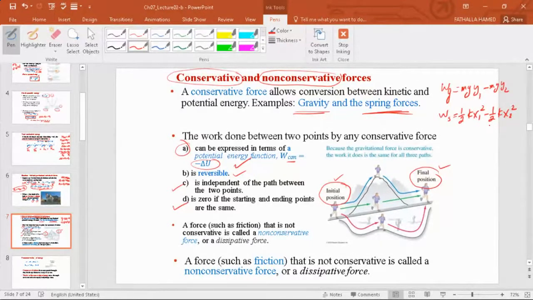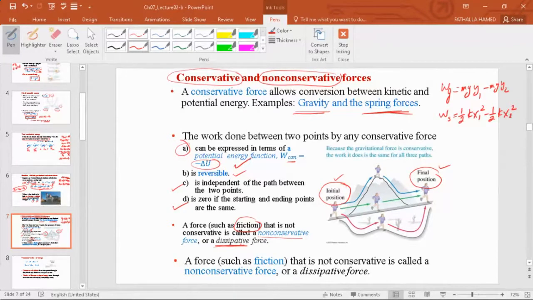Now, a force such as friction is basically a non-conservative force, because friction makes you lose energy, and the longer the path, the more energy you lose. It does not depend on initial and final position. Sometimes this is called dissipative forces.